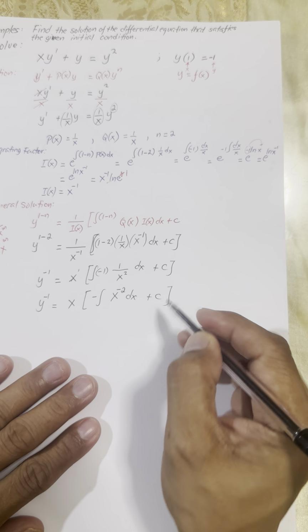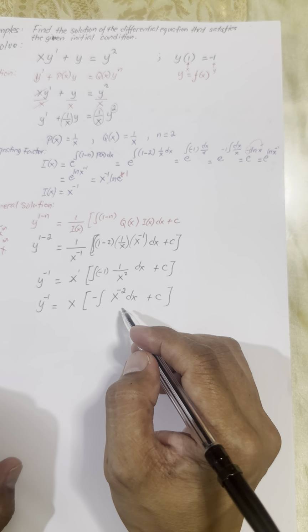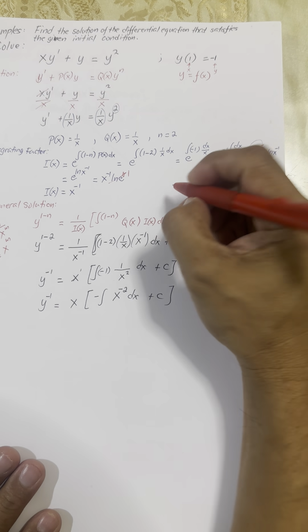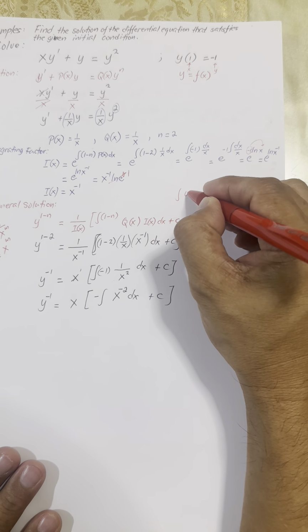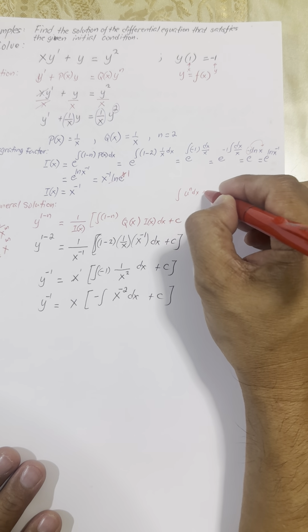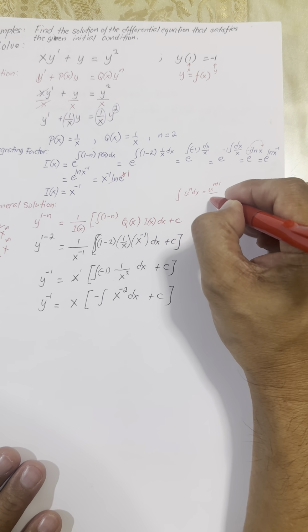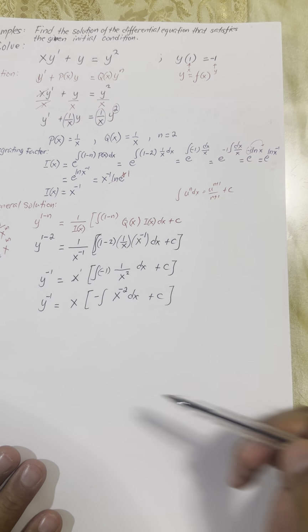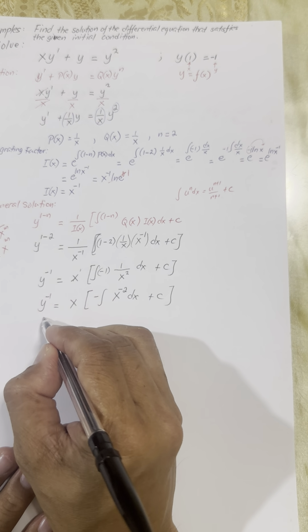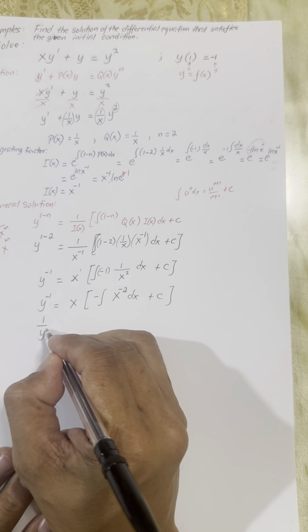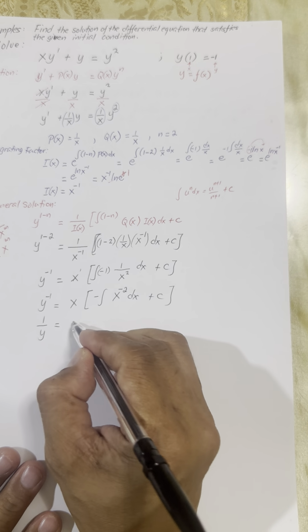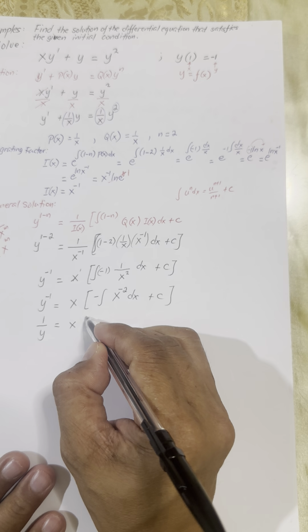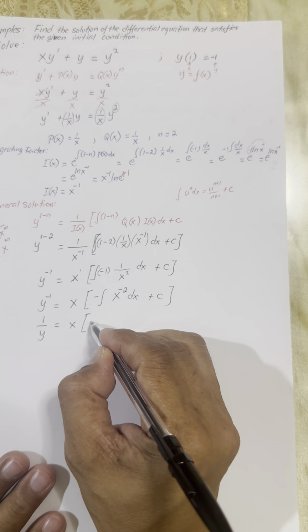So I think it's easier to handle this because we can just use the power formula. We have to use this: the integral of u to the n dx is equal to u to the n plus 1 over n plus 1, plus c. So we have to make use of that formula. So y to the power negative 1 is the same as 1 over y, equal to x times the integral of, okay, so we have here negative.